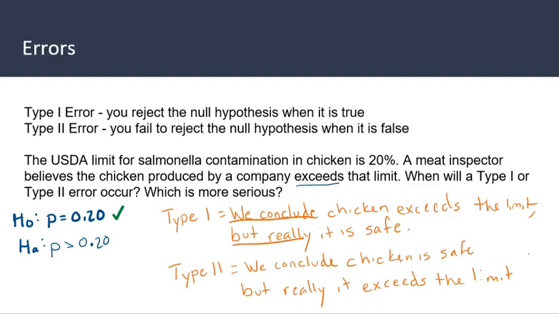In that case, people would be buying and eating chicken that has salmonella. That's not good. So in this particular case, a type 2 error would be more serious. But it always depends on the situation, so you have to read what both types of errors would be.